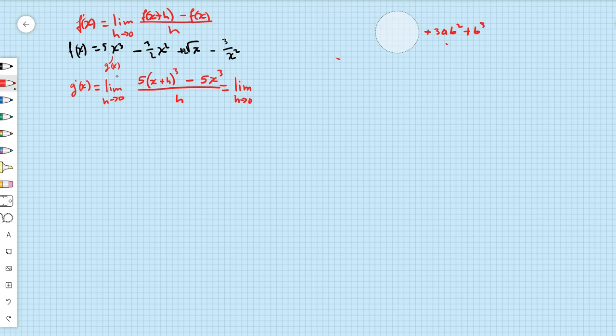All right, so I'm going to use that here and put 5 times x cubed plus 3x squared h plus 3x h squared plus h cubed, minus 5x cubed, right?